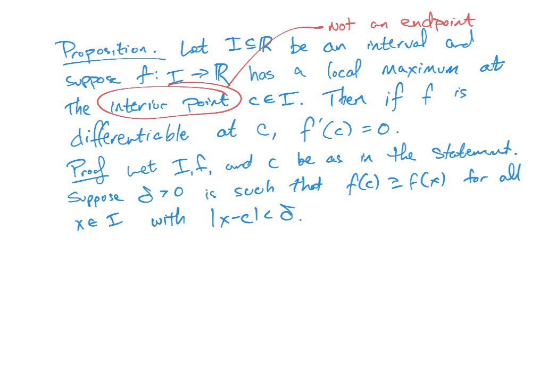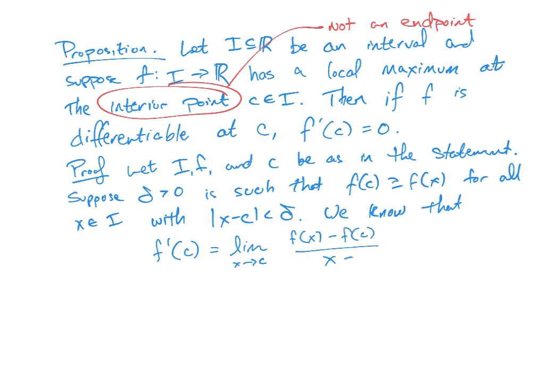Now, we know that f is differentiable there. So f prime at c is, I'm just going to write in the definition of the limit. Okay, so I'm saying we know that this limit exists.